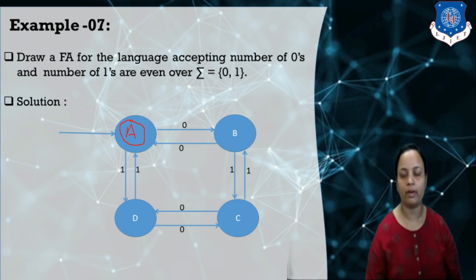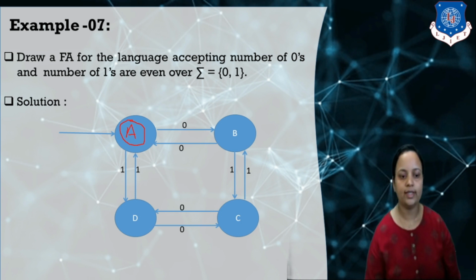Now, this DFA also represents other possibilities. It depends on the counting of the number of zeros and the number of ones. What other possibilities may occur for the DFA?